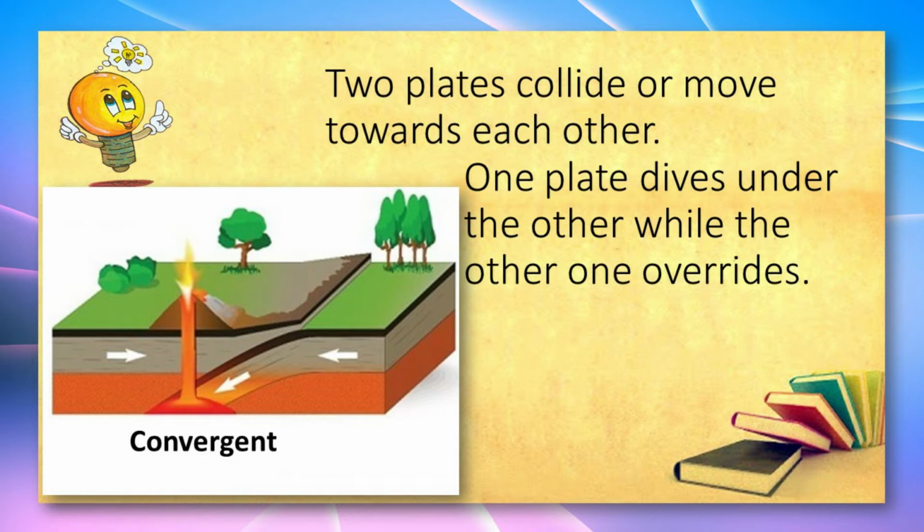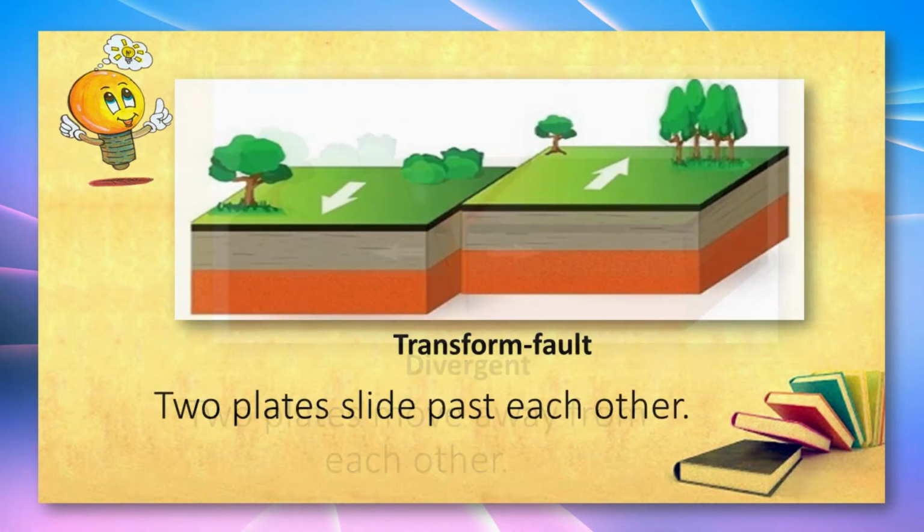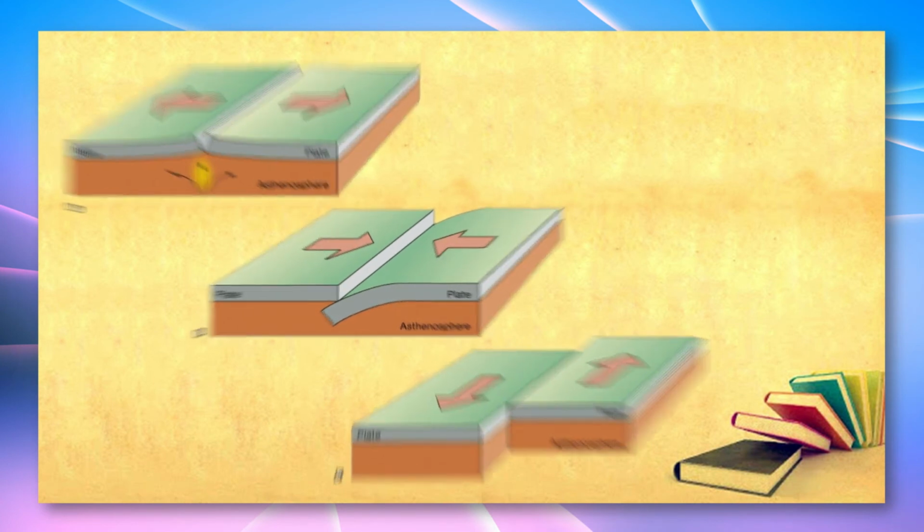One plate dives under the other while the other one overrides. In a divergent plate boundary, two plates move away from each other. And in a transform fault boundary, two plates slide past each other. You have learned the different types of plate boundaries in terms of plate movement.